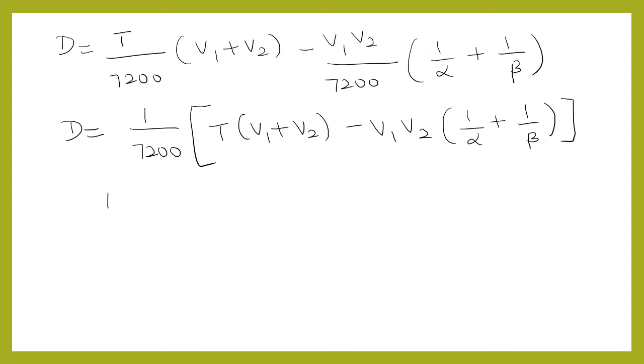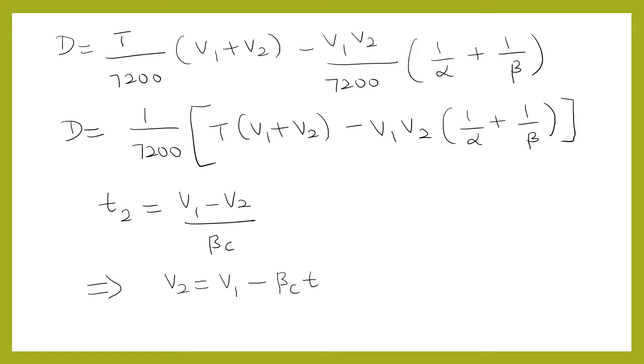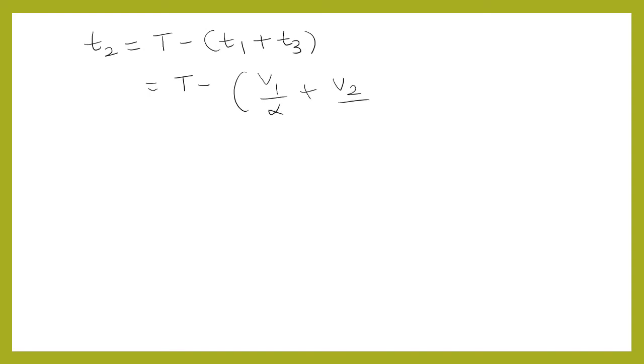We have the equation for the time for the coasting period T2 equal to V1 minus V2 by beta C, which gives us V2 equal to V1 minus beta C into T2. So we have T2 equal to T minus T1 plus T3, which is equal to T minus V1 by alpha plus V2 by beta.